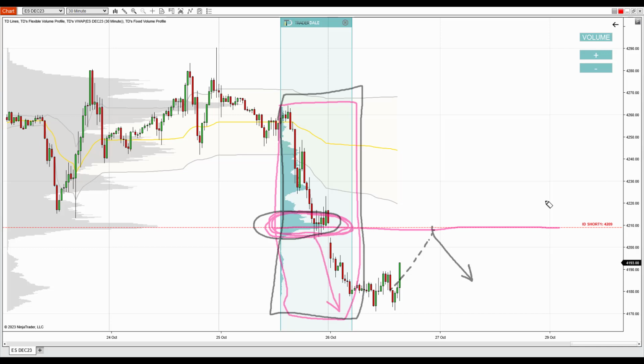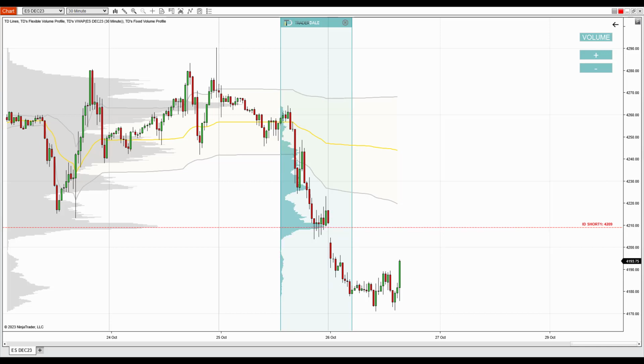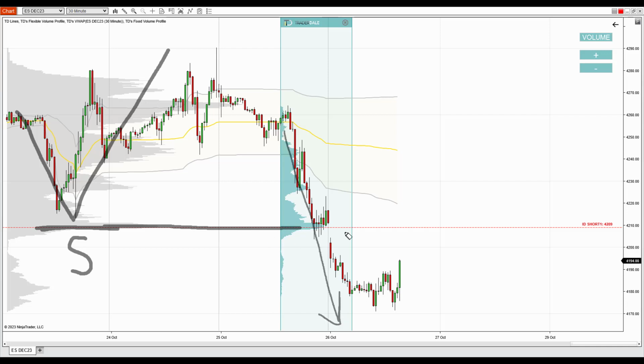Now, apart from this volume profile setup, there's also a price action setup. If you look in here, the price bounced off this zone in the past, which means that this zone worked as a support in the past. This was a support zone. When the price blew past that support zone, the support turned into a resistance.